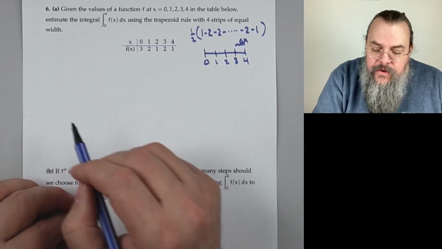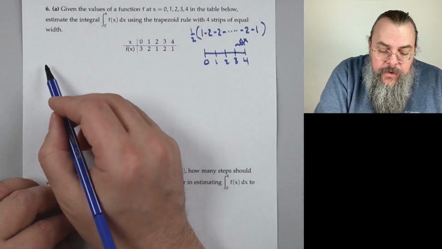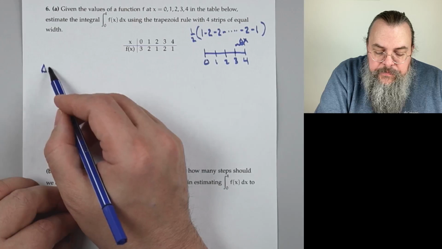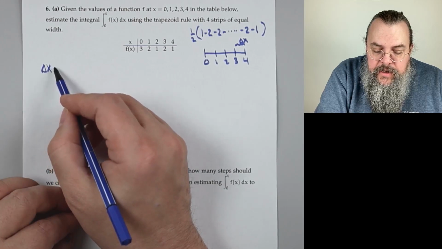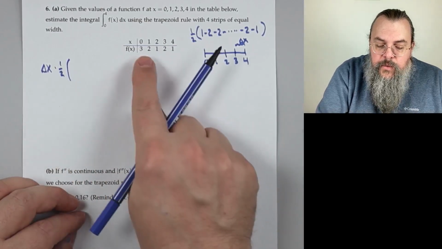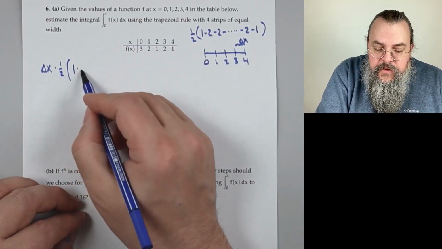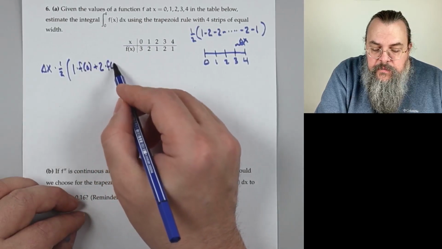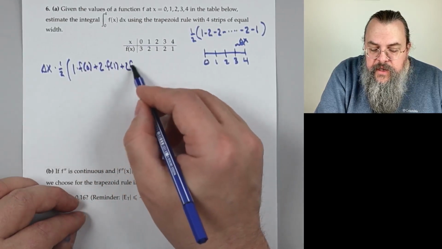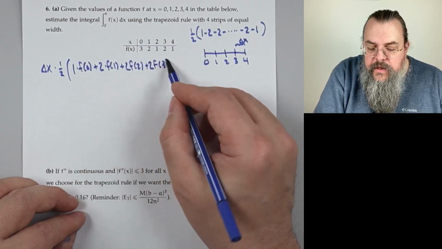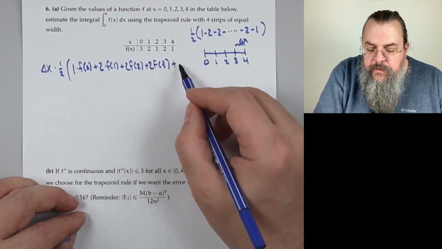All right, so what do we have? We're going to have the width, delta x, and then that times a half, and then it's 1 times the first endpoint, 2 for the next point, 2 for the next one, 2 for the next one, and then we're at the other endpoint, so we're back to 1 again.